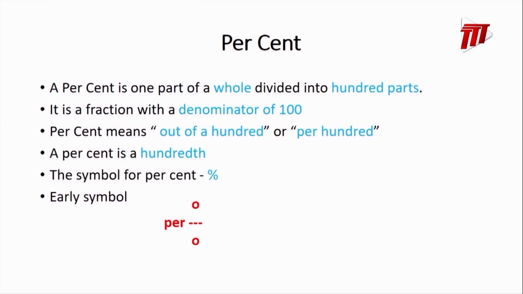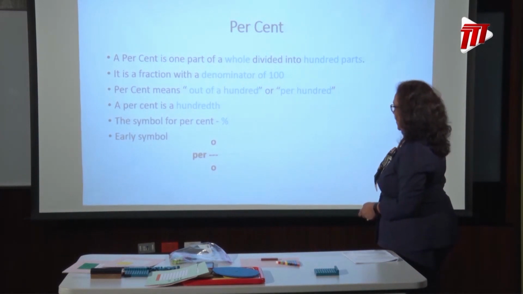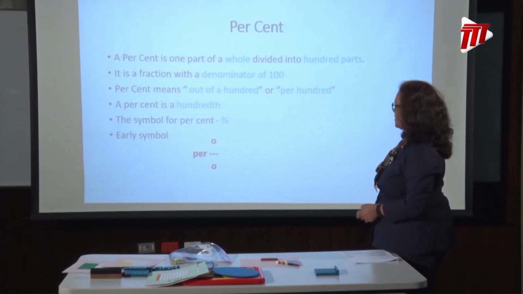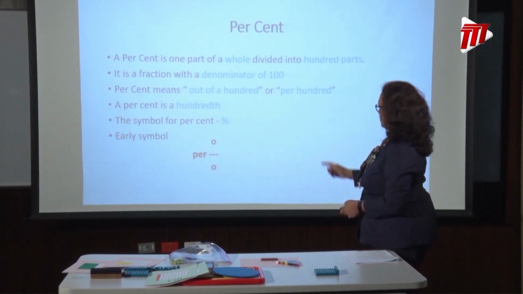And this was the symbol for percent. And eventually, this symbol was changed to this one, where this was removed and a slash replaced the dotted line in the middle. So when you have the time, you can research and you can find out more about the symbol for percent and how it was used way back in the 17th century. It's very interesting.